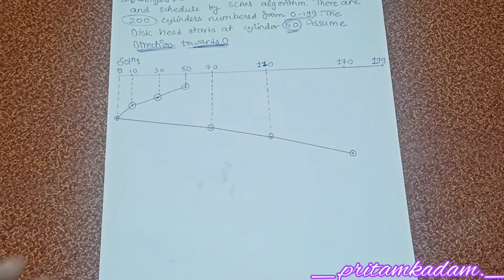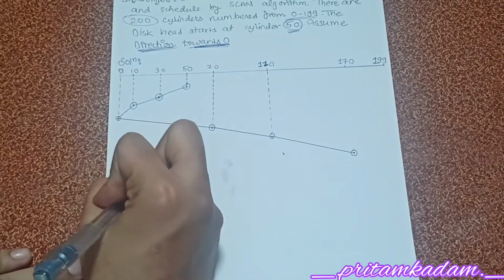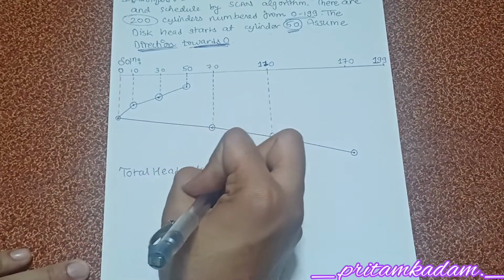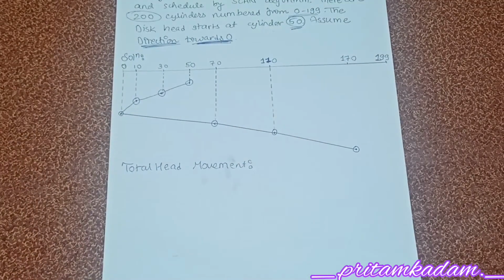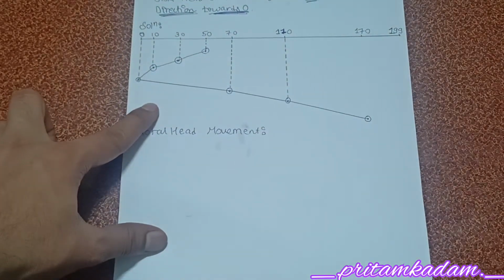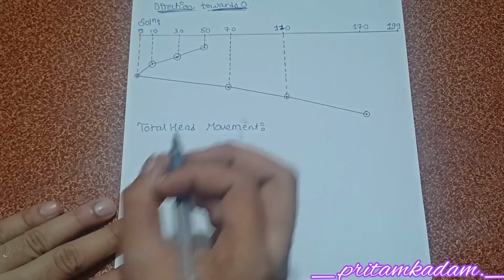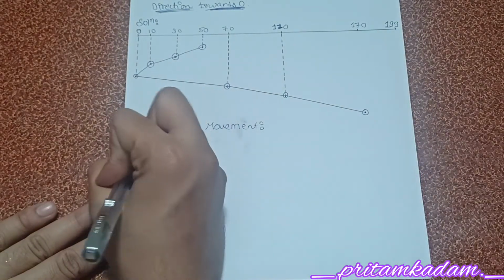So now let us calculate the total head movement. Total head movement is the summation of the differences between all these. We calculate it starting from 50. Initially it was at 50, then it went towards 0, executing 30 and then 10. So 50 minus 30, then 30 minus 10, and then 10 minus 0.